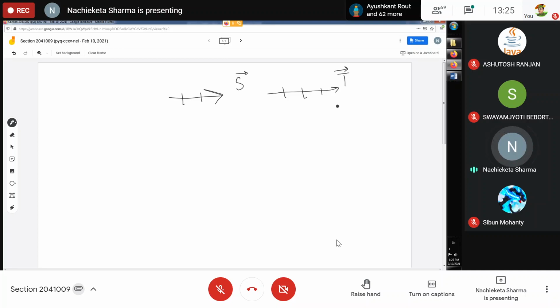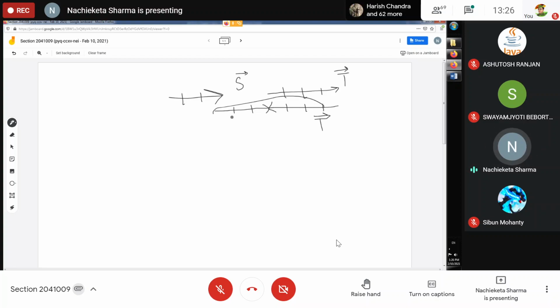So S minus T is S plus minus T. How is the minus T vector found out? Just by reversing the direction. So this becomes your minus T vector. So when I add S with minus T, you see this 1, 2, 3 and this 1, 2, 3 get cancelled, isn't it?